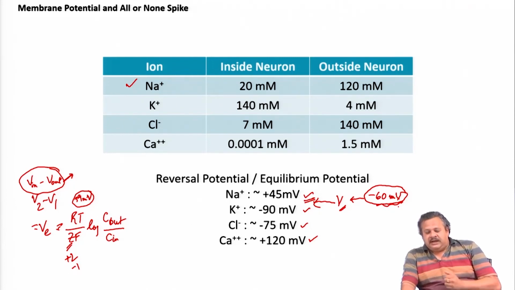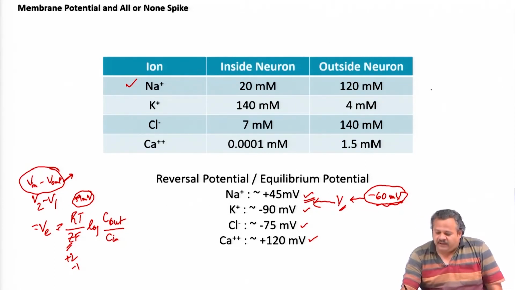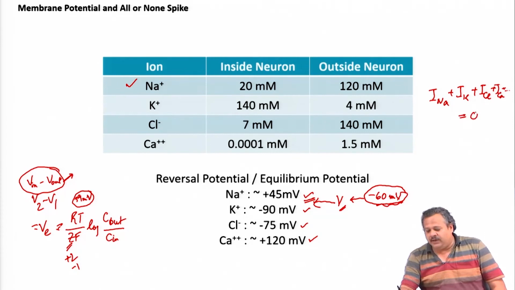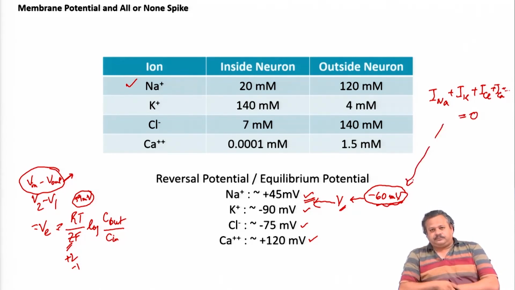So, that means that the sum total of all the currents, that is, if we have the total current as I sodium, that is the amount of sodium flowing, I potassium, that is the net amount of potassium current across the membrane, and I chloride and I calcium and all the other ions, this net current across the membrane would be 0 at minus 60 millivolts.